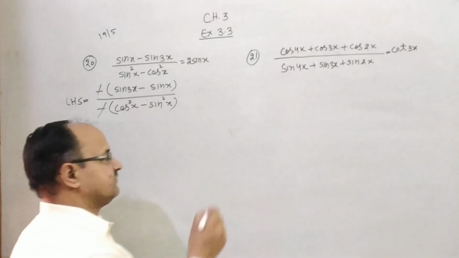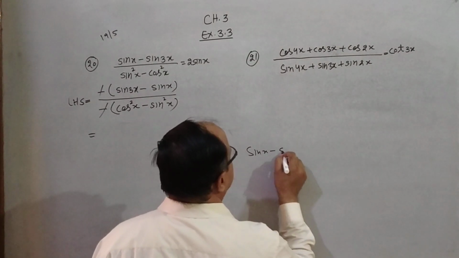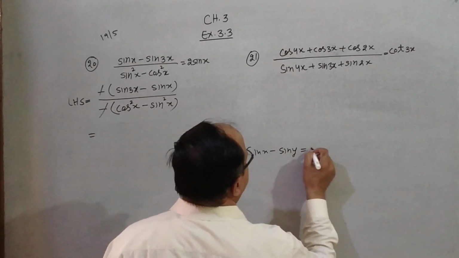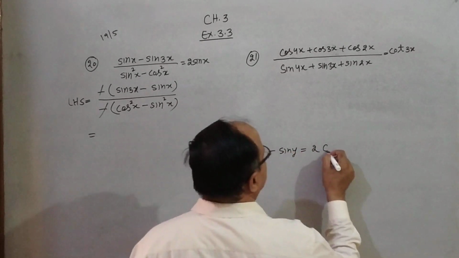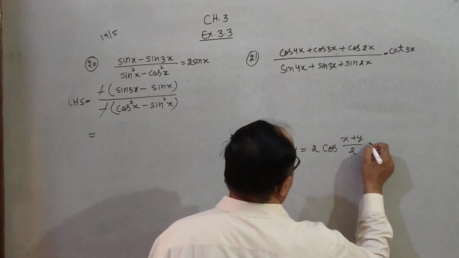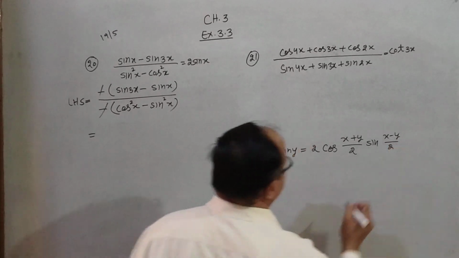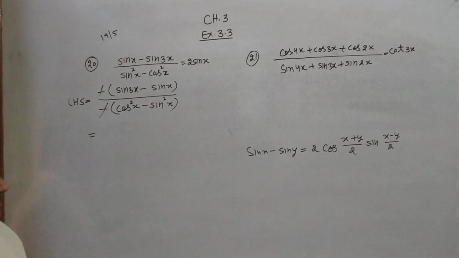We apply this formula here: sin x minus sin y is 2 cos x plus y by 2 and sin x minus y by 2. Right? This is the formula.